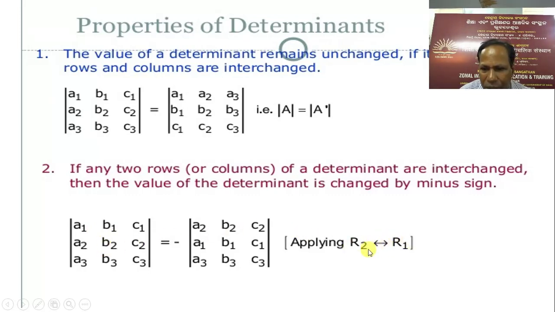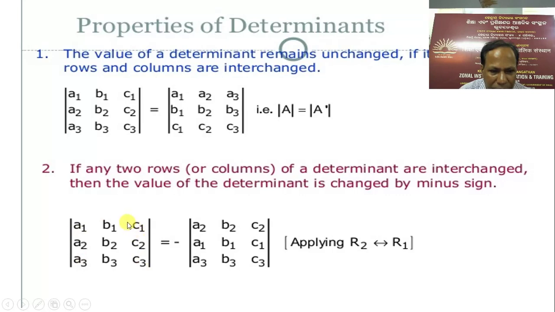So the determinant obtained becomes A2, B2, C2, A1, B1, C1, A3, B3, C3. The value of this determinant and the value of the original determinant are the same in magnitude; they differ only by a minus sign.